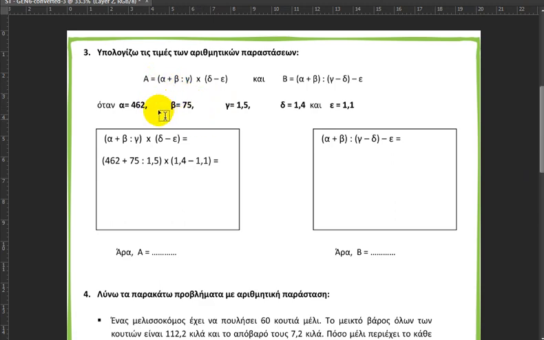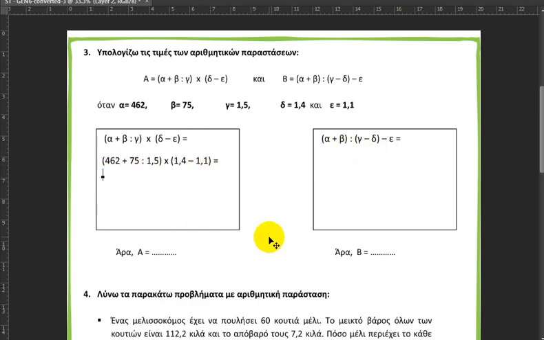So here we need to substitute again for A equals 462, B equals 75, gamma 1.5, delta 1.4, epsilon 1.1. All right, so you can see how it's already started here, right?